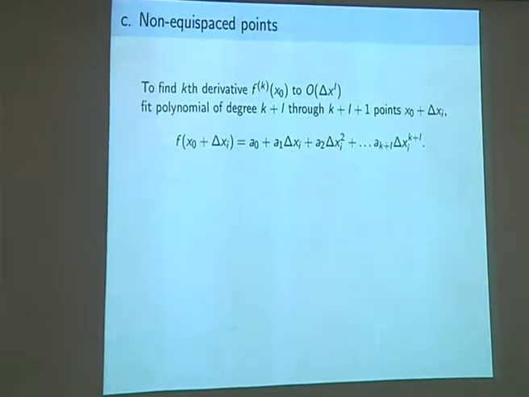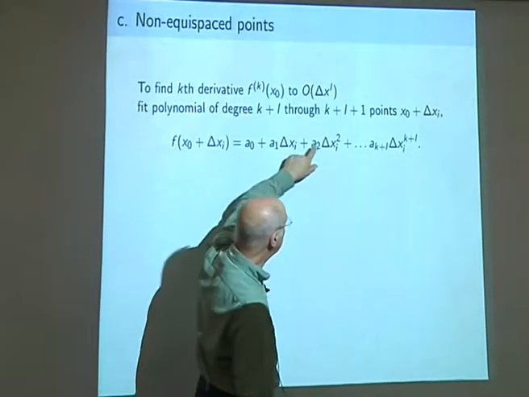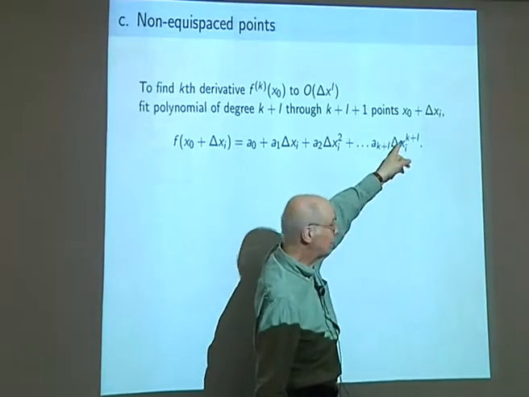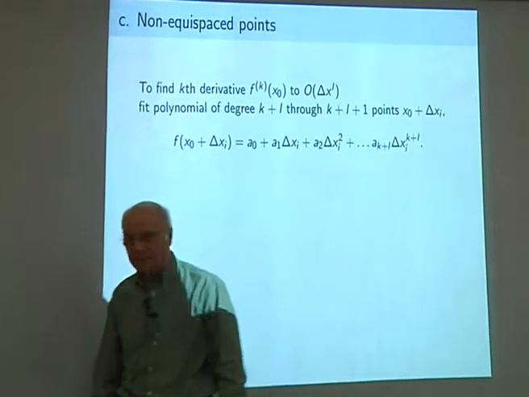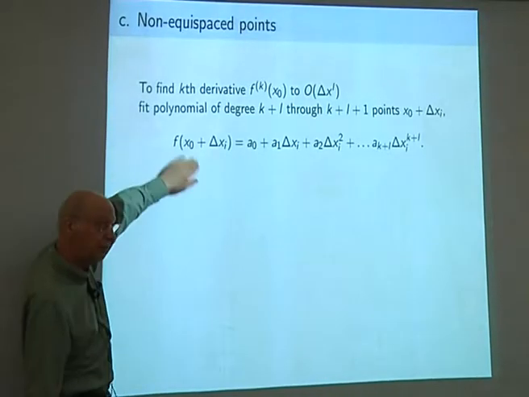The points are x naught, the point of interest, plus nearby points that are delta x i away. And there are different values of delta x for different points, these non-equispaced points. So you just fit a polynomial, a constant plus a linear term plus a quadratic term up to a term of order x to the k plus L, to the data points where you've got different values of f.